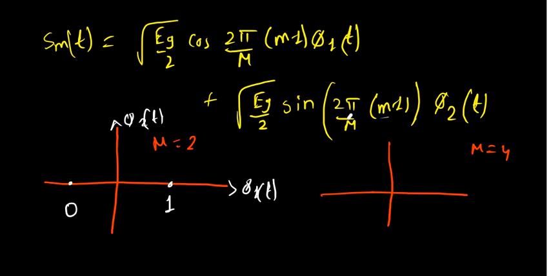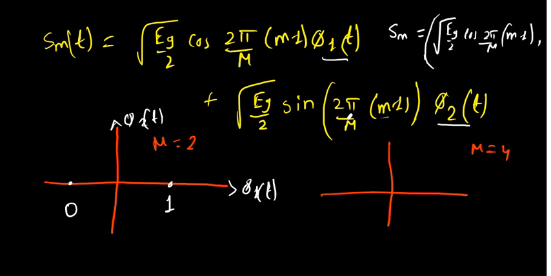If we don't write phi 1 and phi 2, we can write the coordinates as Sm, which is nothing but root Eg by 2 cos 2 pi by M into m minus 1. It is our first coordinate, corresponding to phi 1 of t, and the second coordinate, comma, is sine 2 pi by M into m minus 1.